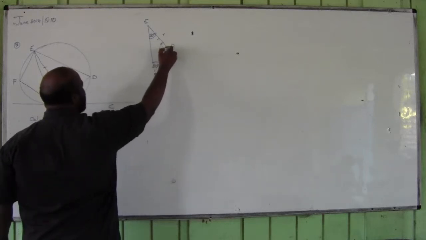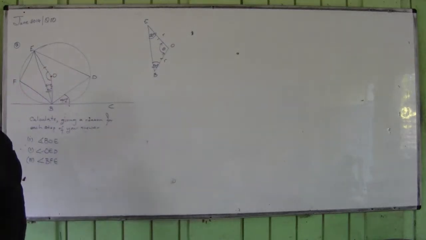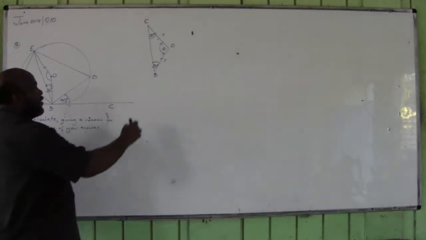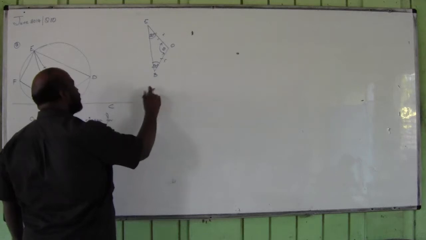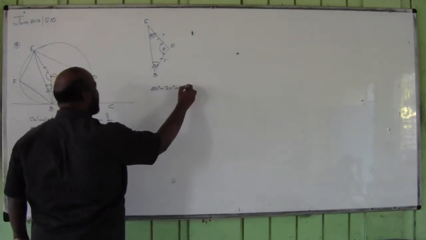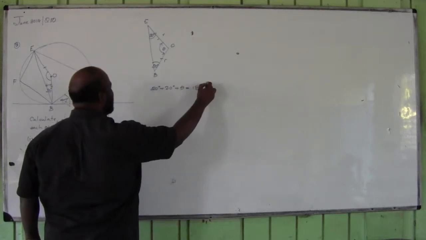Let us call it theta. Ladies and gentlemen, the angles in a triangle must add up to what? It means that 20 plus 20 plus theta is equal to 180 degrees.